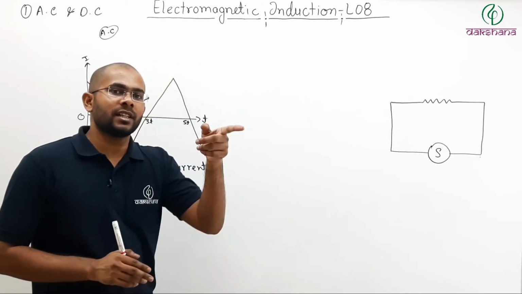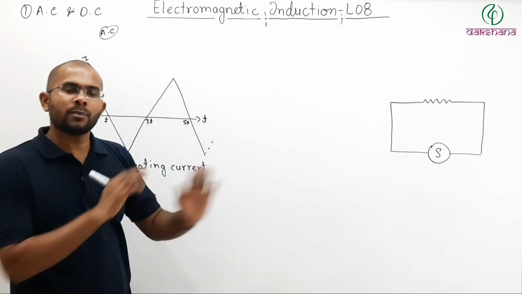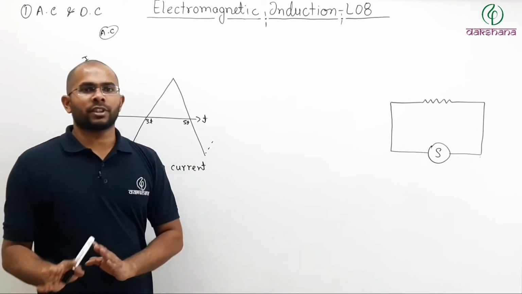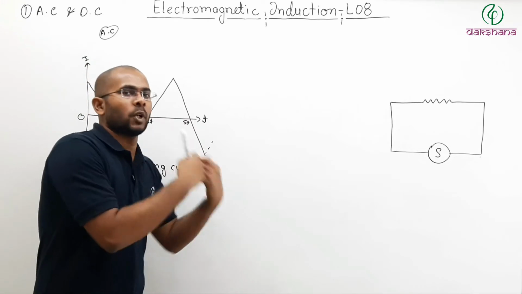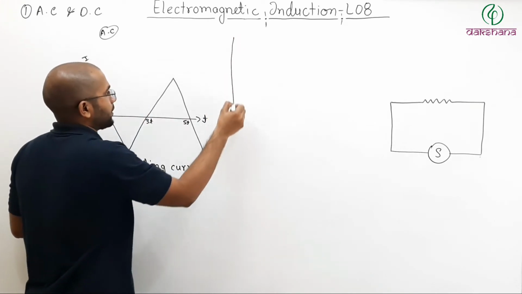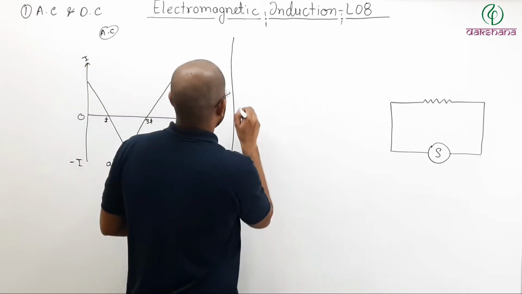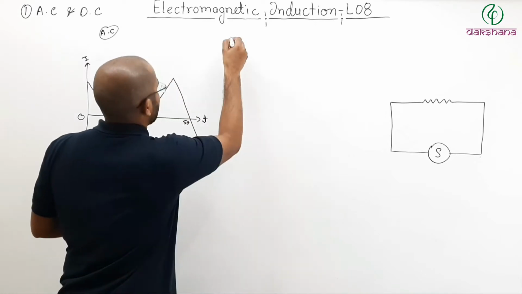In case of DC current, direction should remain the same, magnitude can vary. So in both the cases, magnitude is not important. What is important is the direction or the sign, whether it is positive or negative. So let us talk about another example. Let us draw more like it.